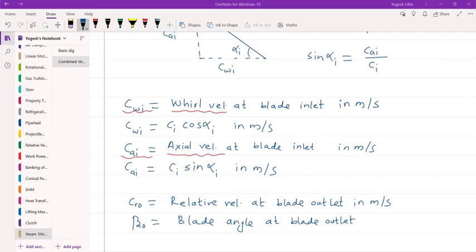Have patience for today. That is the blade angle at outlet, or the angle between CRO and U.